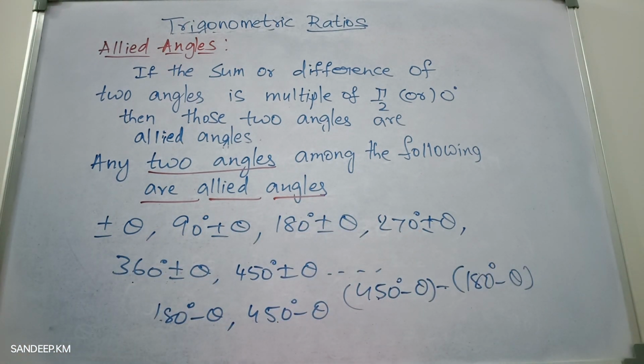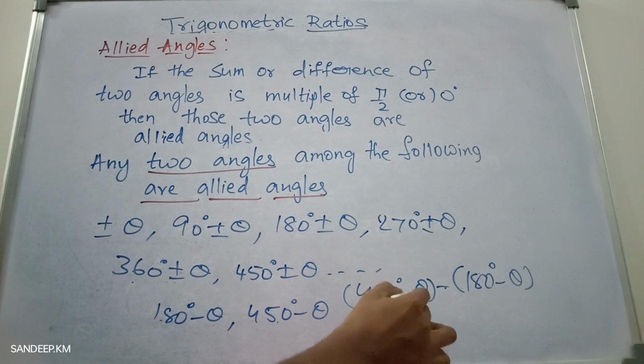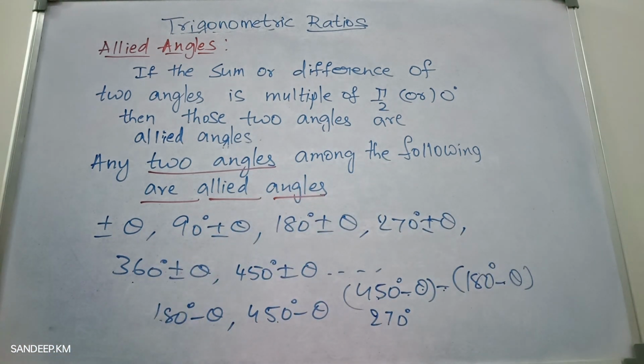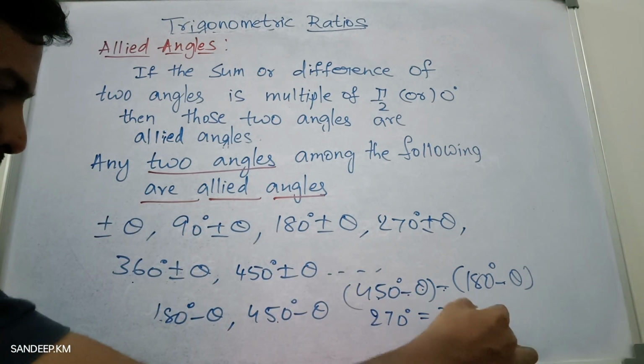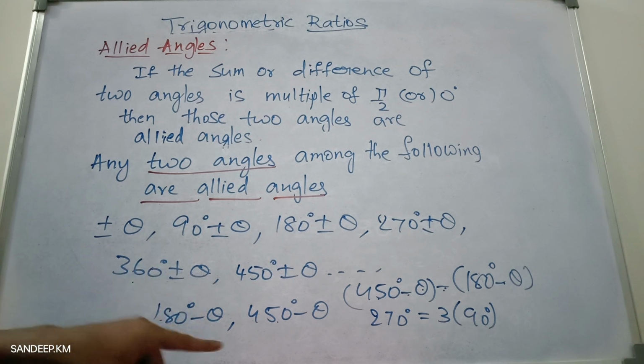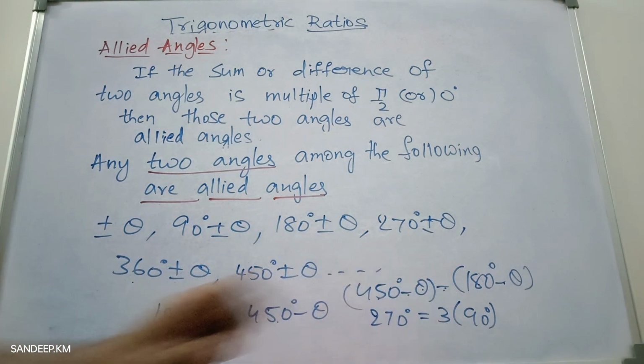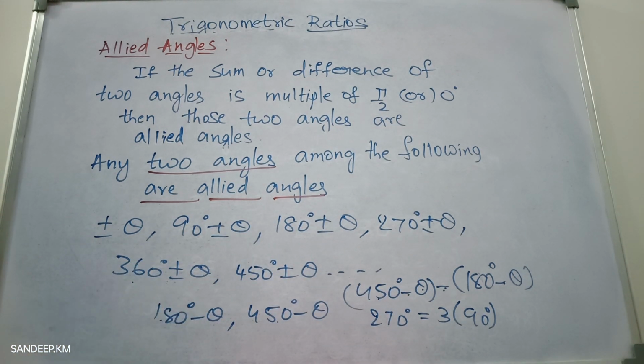What is 450 minus 180? 270 degrees. And minus theta, minus into minus theta, that means minus theta plus theta will get cancelled. The result is 270 degrees, which is 3 times 90. So therefore, the difference of these two angles is odd multiple of 90 degrees. And hence, those two angles are what angles? Allied angles. So therefore, dear students, the sum or difference of any two angles, if it is multiple of pi by 2, then those angles are called as allied angles.